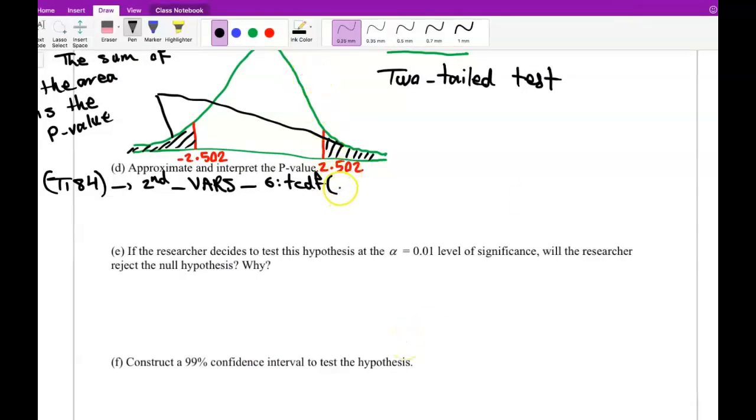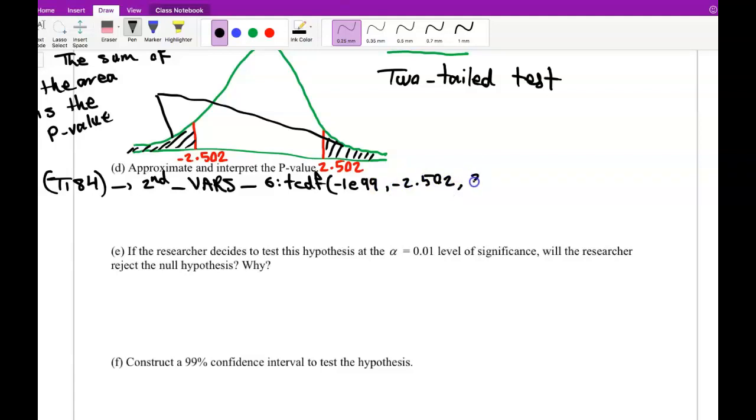Okay, so what I entered here was negative 1, then E99. I press second, then use the divide key to enter E99. As I explained before, this represents negative infinity. Then comma, negative 2.502.